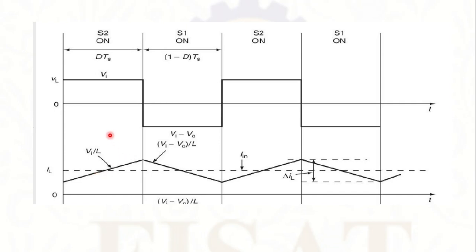The rate of change of inductor current is Vi by L. During the 1 minus D into Ts time, the inductor voltage drops to a negative value, therefore the rate of change of current through the inductor is Vi minus Vo divided by L.